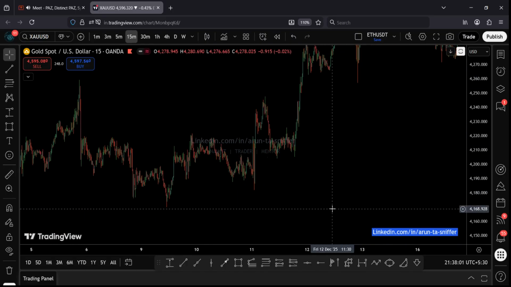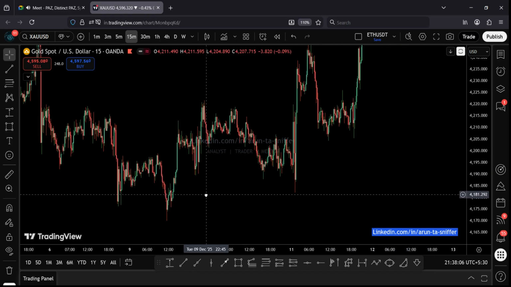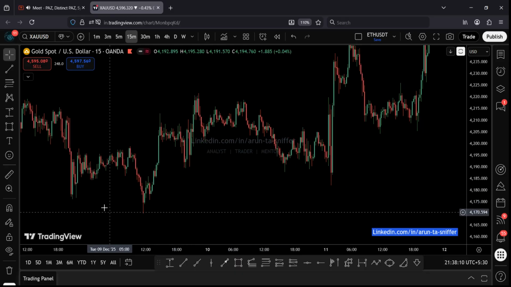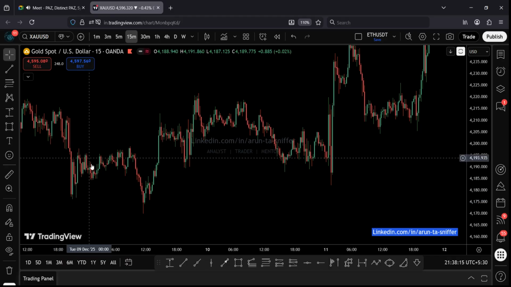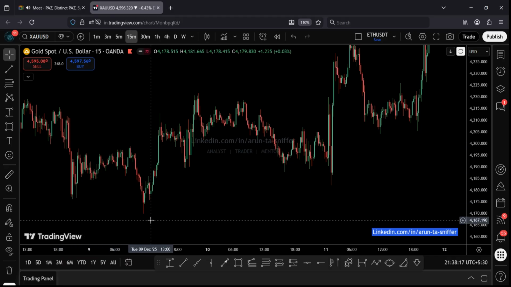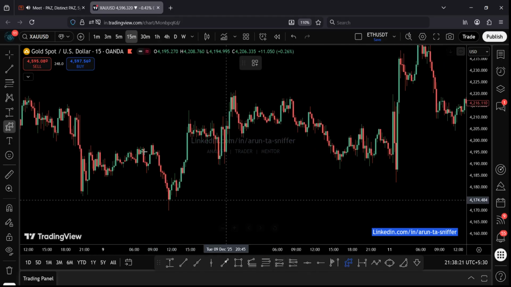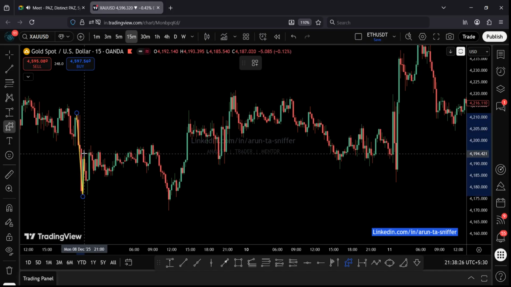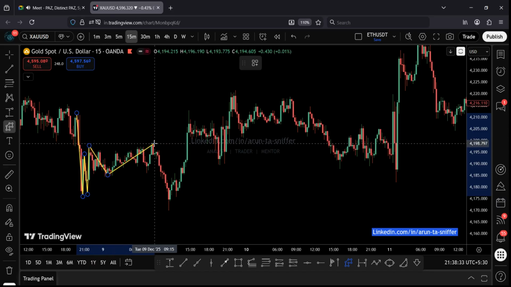Okay. If we look at this one closely, look at this closely. Price comes down, goes up, comes down, goes up, comes down, goes up, then comes down again, like this. From here, price comes down, goes up, comes down, goes up, comes down, and then goes up again. Right?